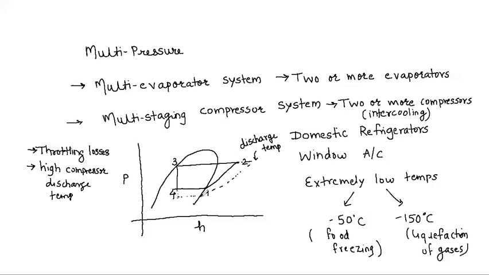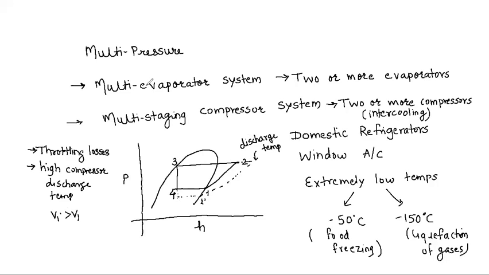There would be an increase in the specific volume at the inlet to the compressor. So this means, for example, if this is 1 and this is 1 dash, the specific volume 1 dash would be greater than V1, and that is not desirable. So all these factors, when you are encountering extremely low temperatures, would encourage us to move towards multi-pressure systems.